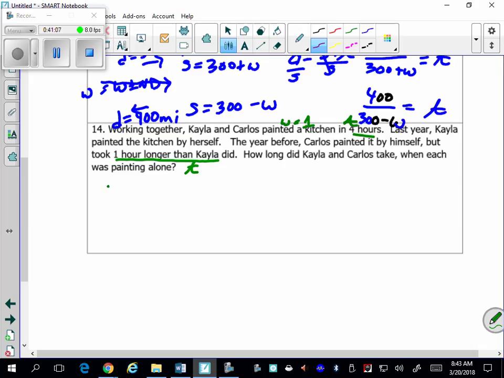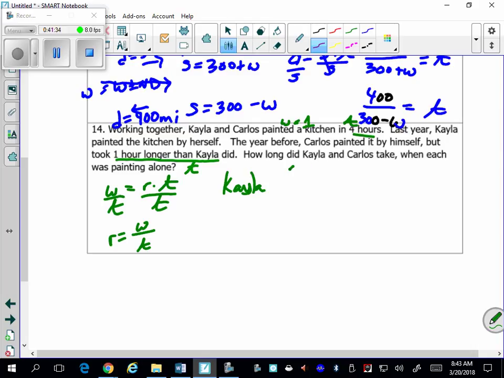The rate at which they work is rate equals work divided by the time. So we have Kayla. She can paint one kitchen in, we don't know, I don't know how fast she can paint, so X.